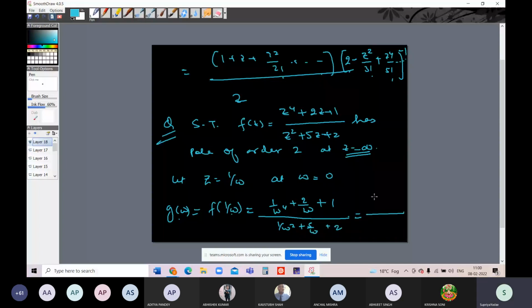Okay, so this will be 1 plus 2 omega cube plus omega 4, over 1 plus 5 omega plus 2 omega square, upon omega square. So f of 1 by omega is 1 upon omega square, times 1 plus 2 omega cube plus omega 4 divided by 1 plus 5 omega plus omega square.